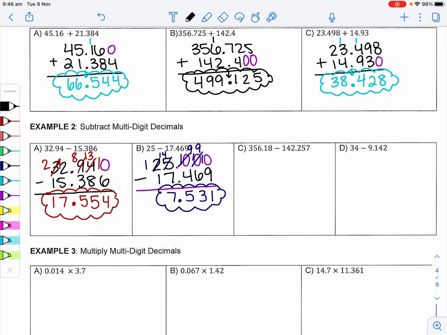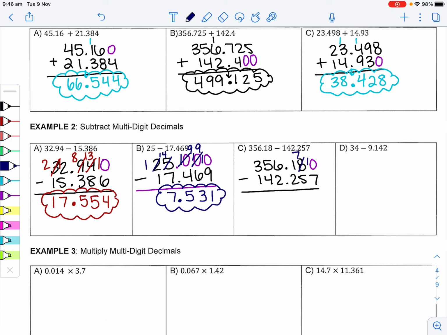In part C, I have to add a 0, so 356.18 minus 142.257. I'm going to add this 0 to line up my place values. And I have to borrow from the 8.